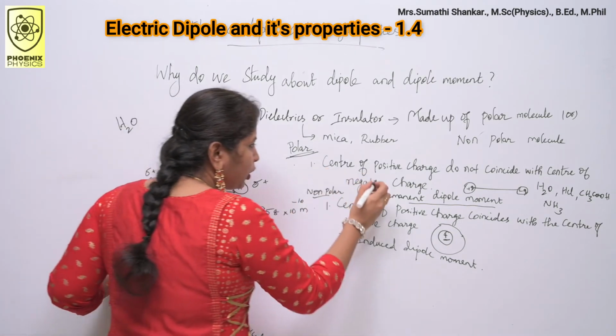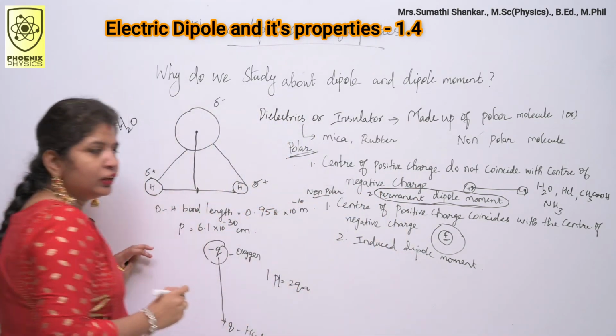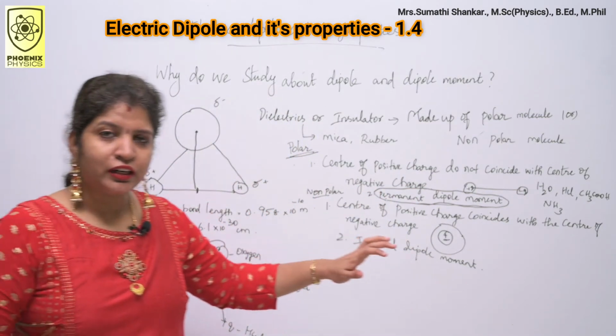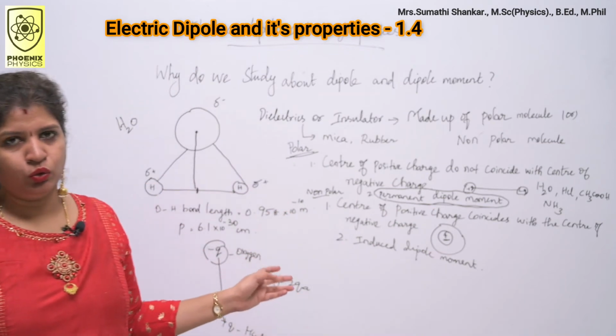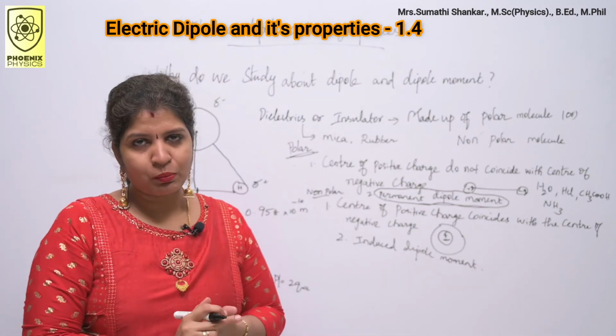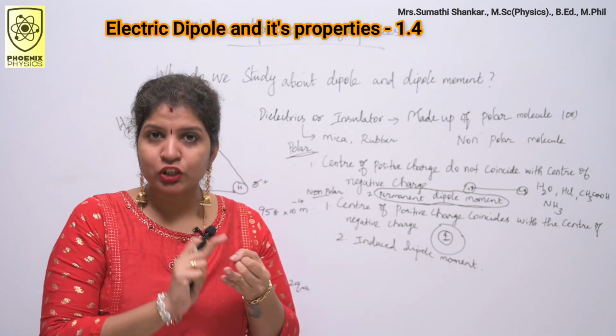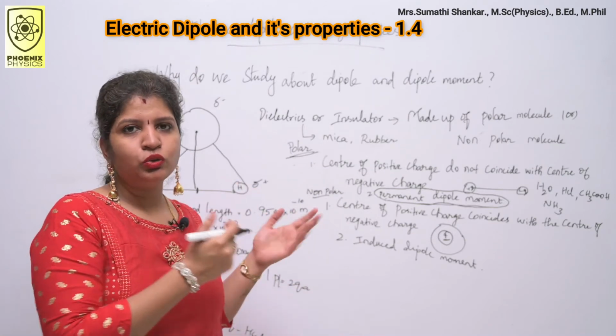That is why we have studied dipole moment now. In order to explain the characteristics of polar molecules, we need the terms dipole and dipole moment. That is why we are studying these two terms now.